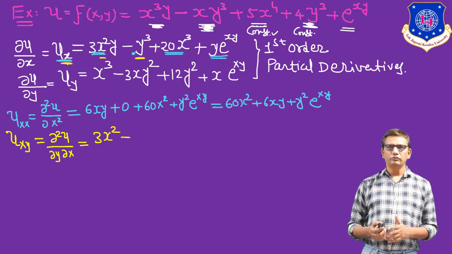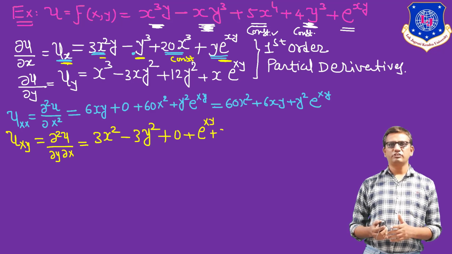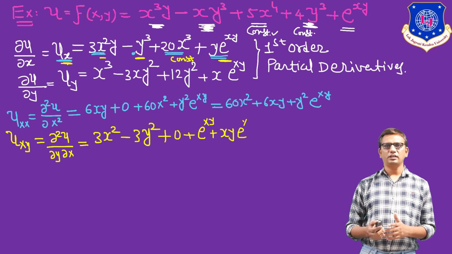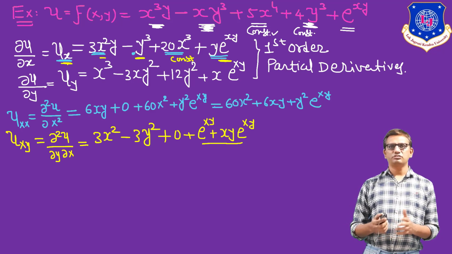So now we have 3x square minus 3y square, and the term 20x cube is constant because y is not present there, and e raised to xy as it is, and xy e raised to xy, because the multiplication rule is applicable here.